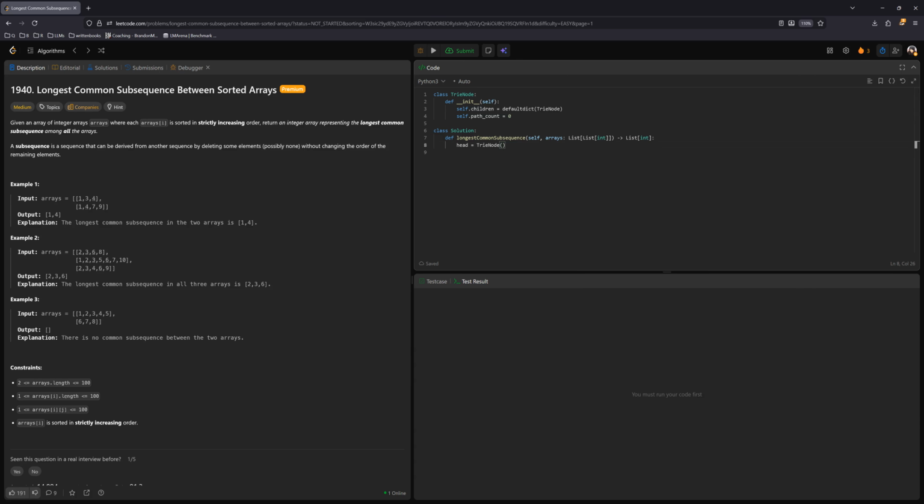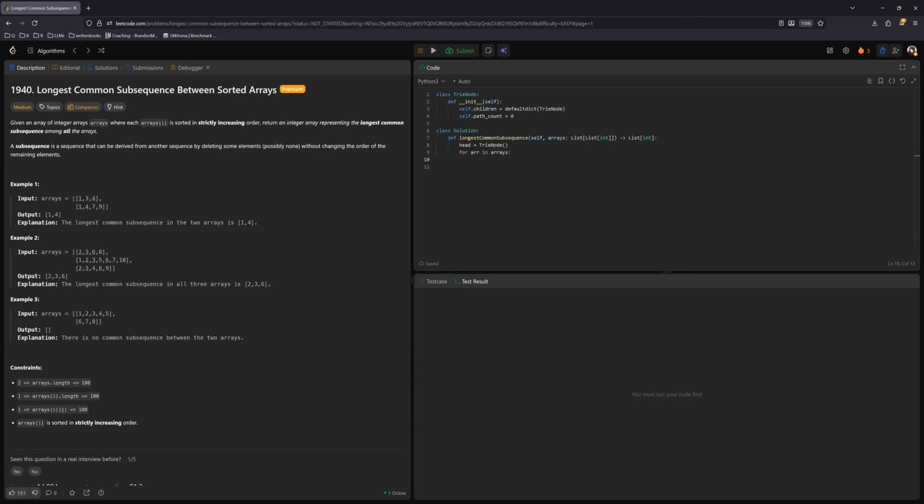Alright. Head equals TrieNode. It's the skipping. It's the skipping that's confusing me here. Because we're going to pick up from all possible endings, right? Yeah, we're going to have, okay, active. Okay, so for ARR in arrays, it is a list of lists.